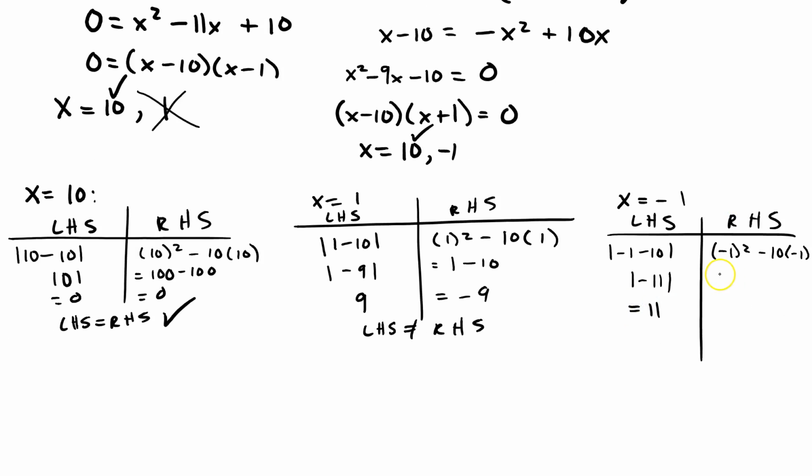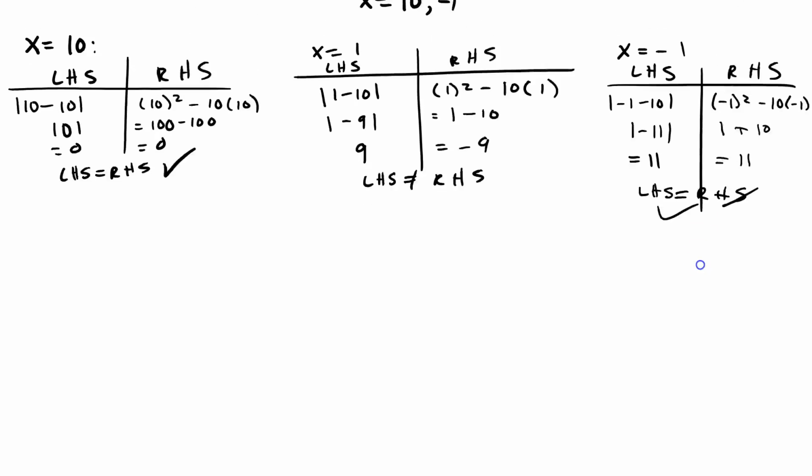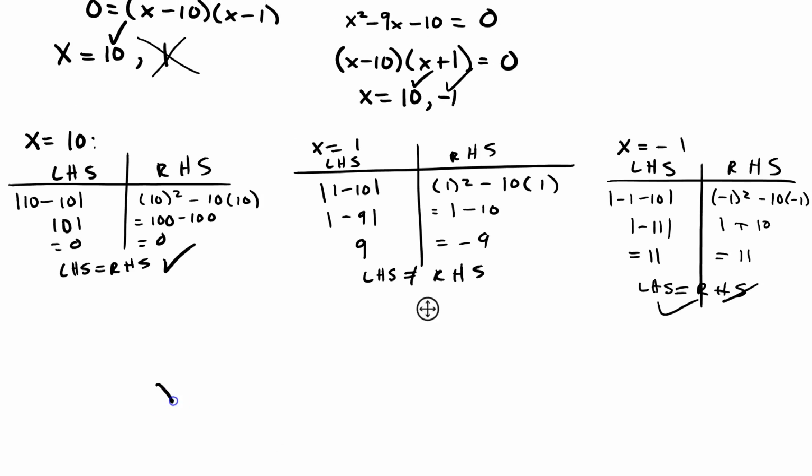And here we have negative 1 squared is 1 plus 10 is positive 11. So left hand side does equal right hand side. Woohoo! So that means that negative 1 is a solution. So in summary, we can say that x equals 10 and it also equals negative 1.